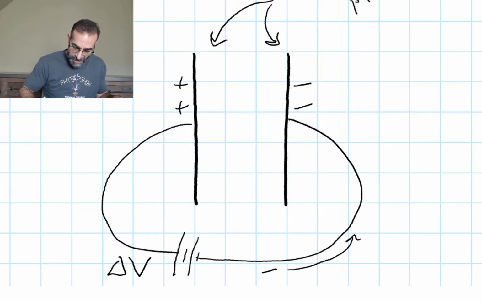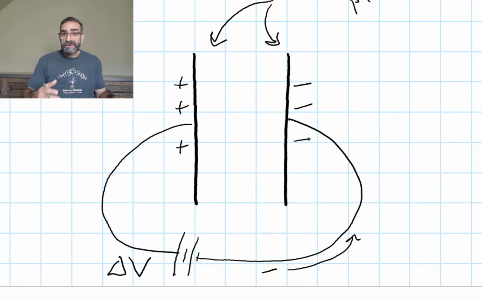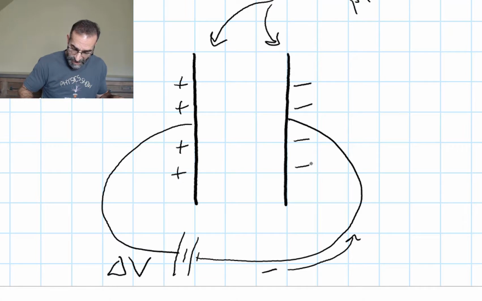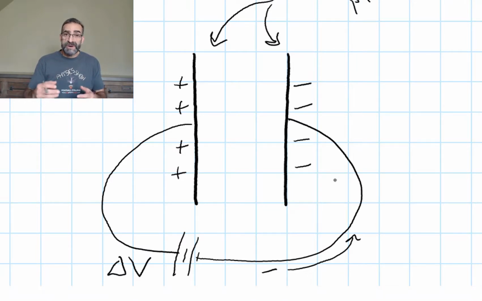The third electron takes a little bit more work because it's fighting two electrons that already exist on that plate. The fourth electron, a little bit more. You get the idea. As it moves more and more charges, it becomes harder and harder to move the charges because you're fighting the charges you've already moved.